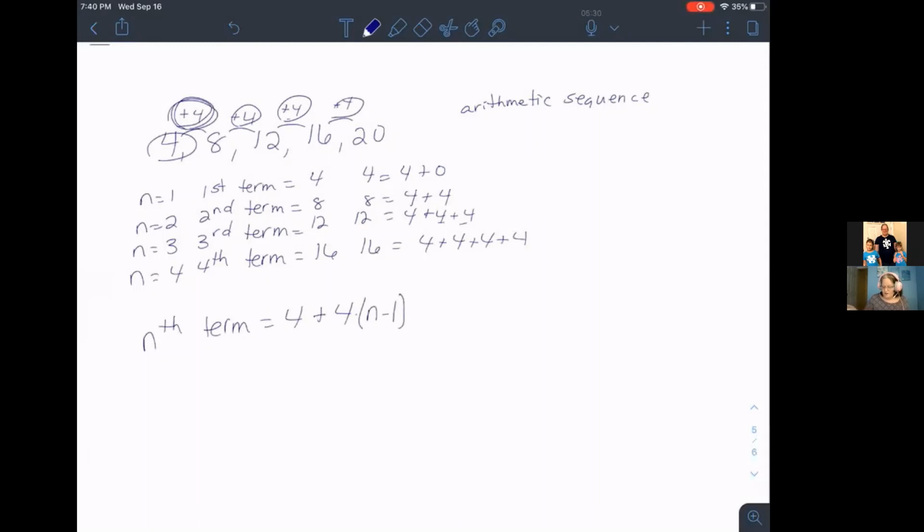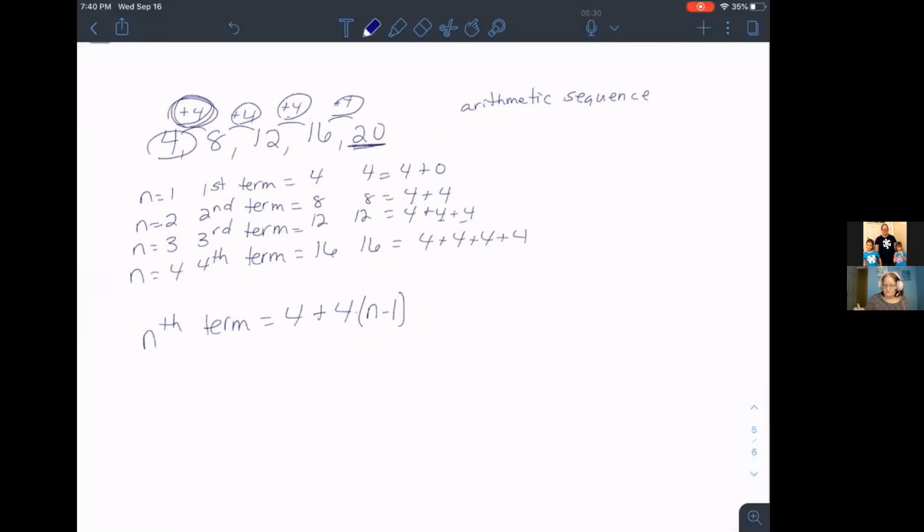So let's say we want to find the fifth term, this 20, to double check our work. The fifth term is going to be equal to 4 plus 4, where 4 is our starting number and the other 4 is our difference, and multiply that by 5 minus 1, because we're finding the fifth term. So that 5 comes from here.